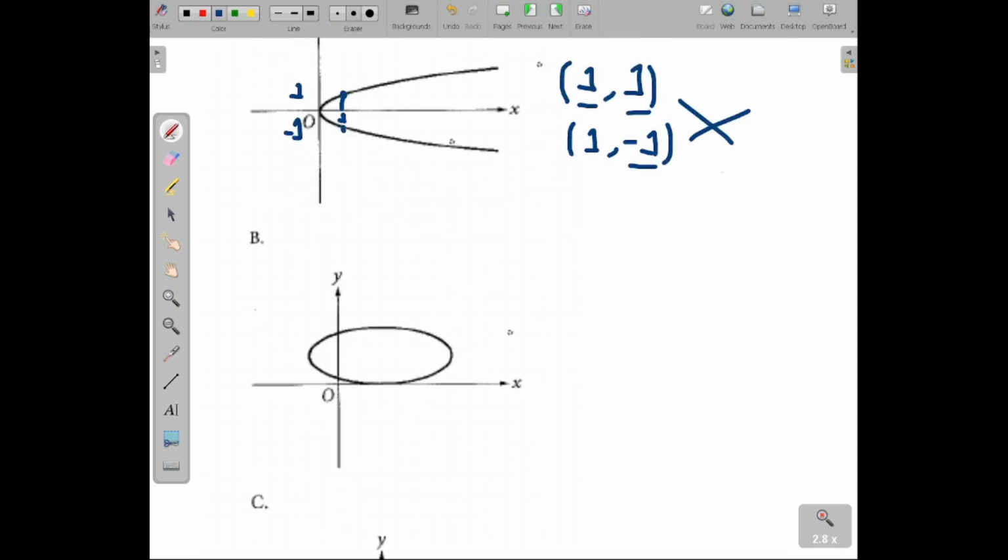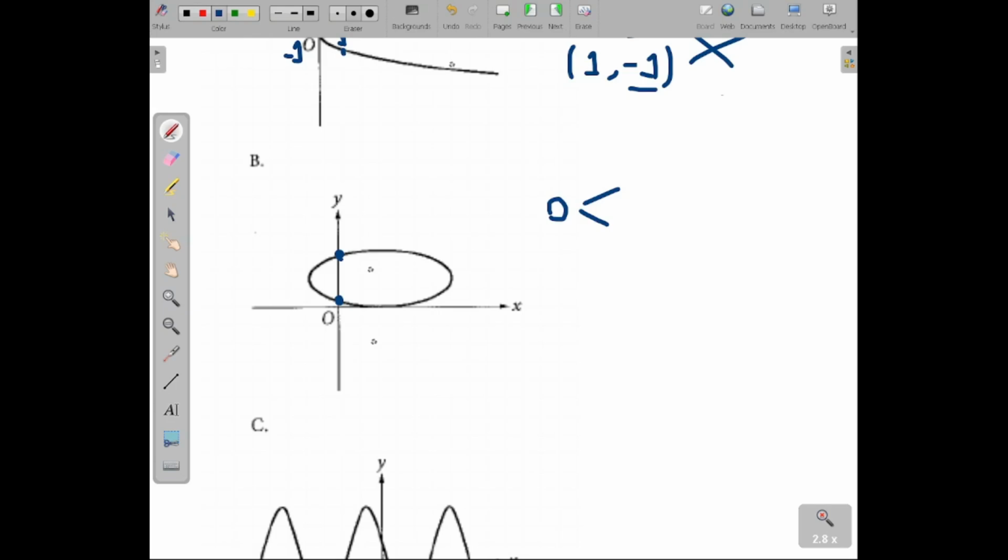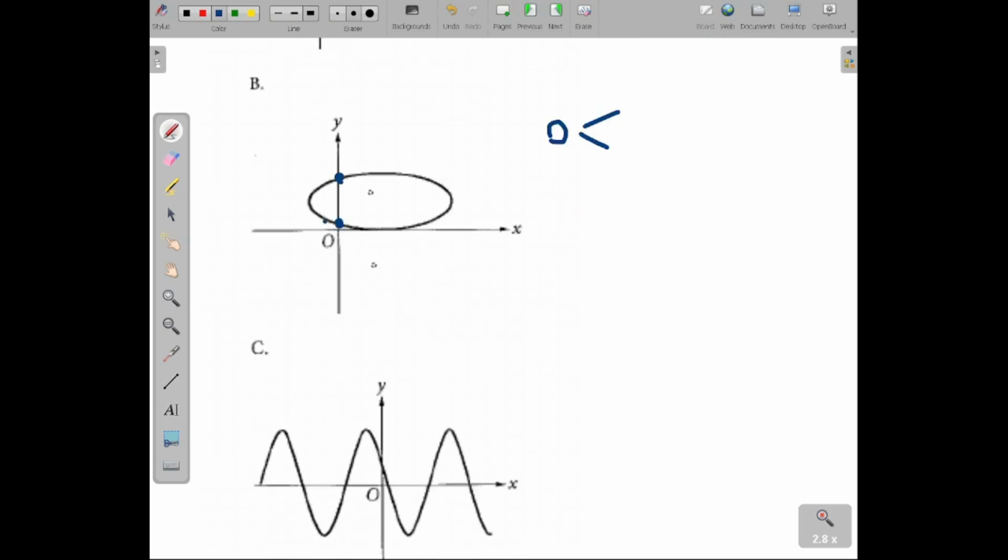The same on B. For example, the y-intercept. X is equal to 0 and we have 2 values. One here and another one right here. And almost everywhere. Here, here, here, and almost anywhere.